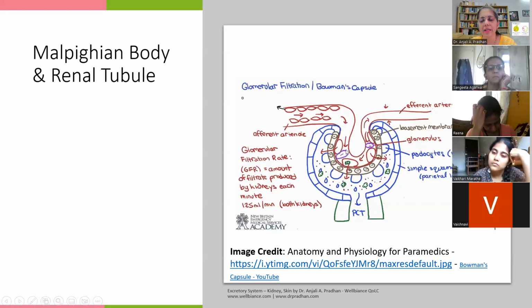Then it again divides and forms the glomerulus. It becomes like a network, that is called the glomerulus. And then again it starts reuniting to form the efferent arteriole. So as it goes in, it starts dividing, forms the glomerulus, reunites again, and then becomes efferent.